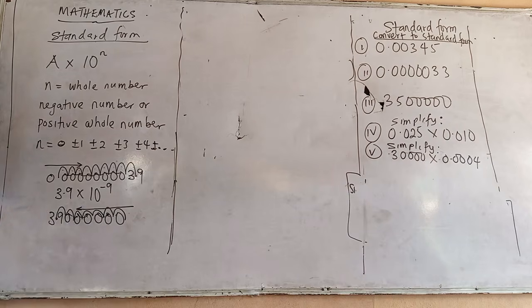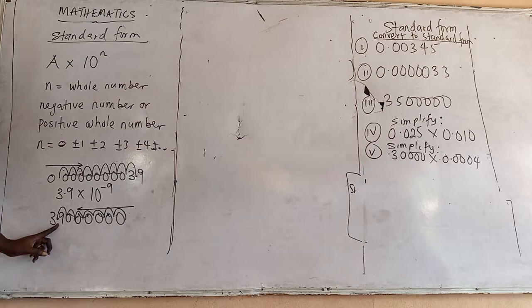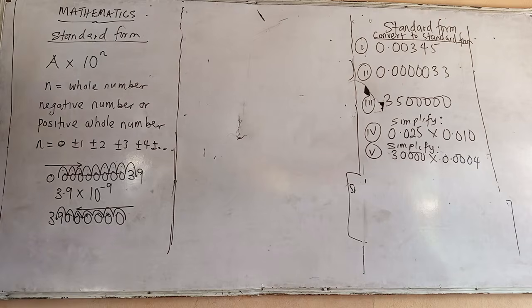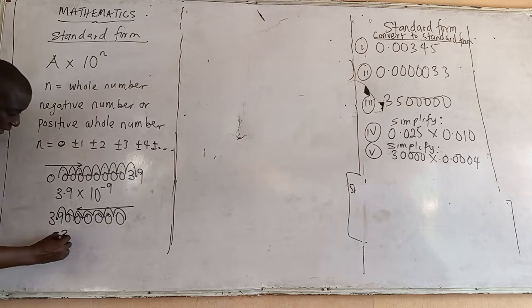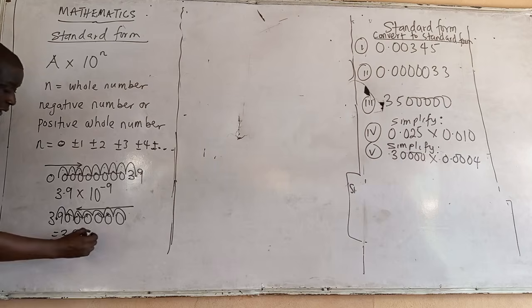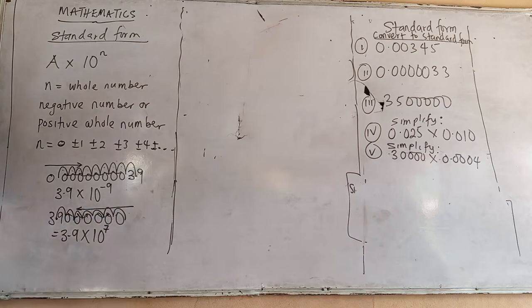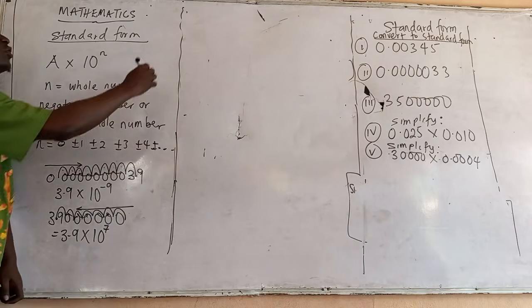This I'm going to stop before the first significant figure. How many do we count now? 1, 2, 3, 4, 5, 6. So that will give us 3.9 times 10 power, because we are moving towards the left, 10 power 7.